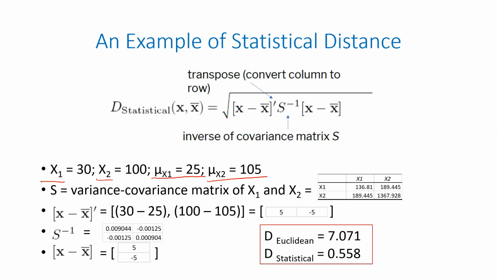For given case A, the value of x1 is 30, and the value of x2 is 100. So what is the statistical distance between the case A and the class centroid, which has the x1 value as the average value of x1, which is 25, and the x2 value as the average value of x2, which is 105.